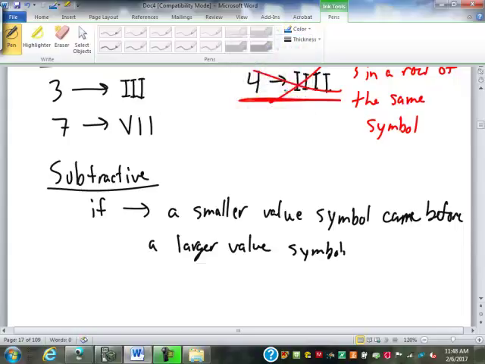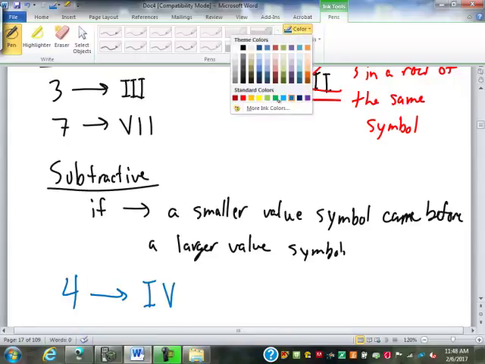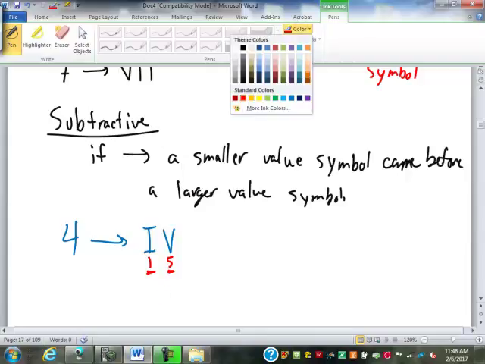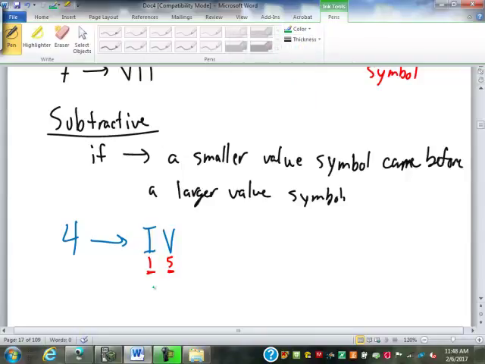So for 4, it was expressed IV. Because I has a value of 1 and V has a value of 5, that's a smaller value symbol in front of, before, a larger value symbol. So that meant it was 1 subtracted from 5, or 5 minus 1 gave us the 4.